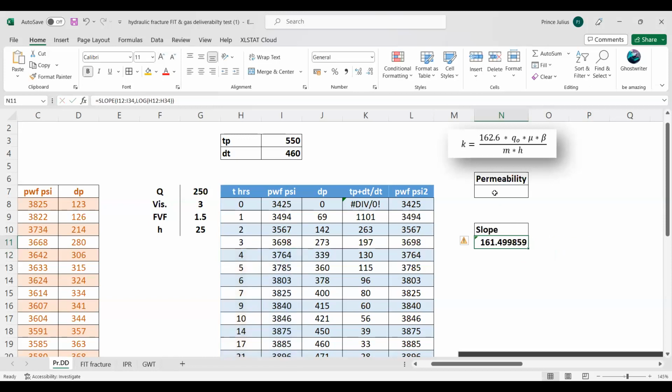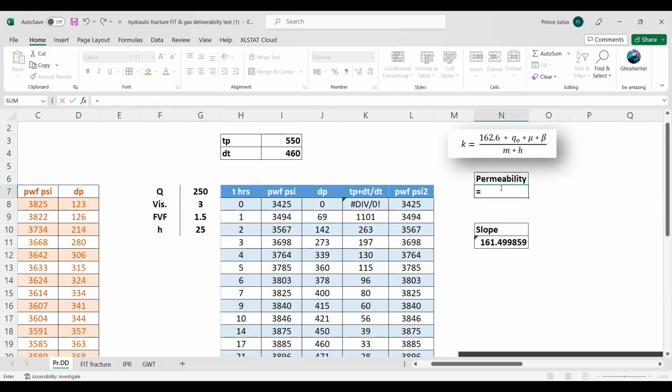So I will use the slope value to get the value of permeability. I already have a little reservoir data here. Flow rate in barrels per day, viscosity in centipoise, formation volume factor in barrels per STB, and thickness 25 feet. So let us get these values over here.